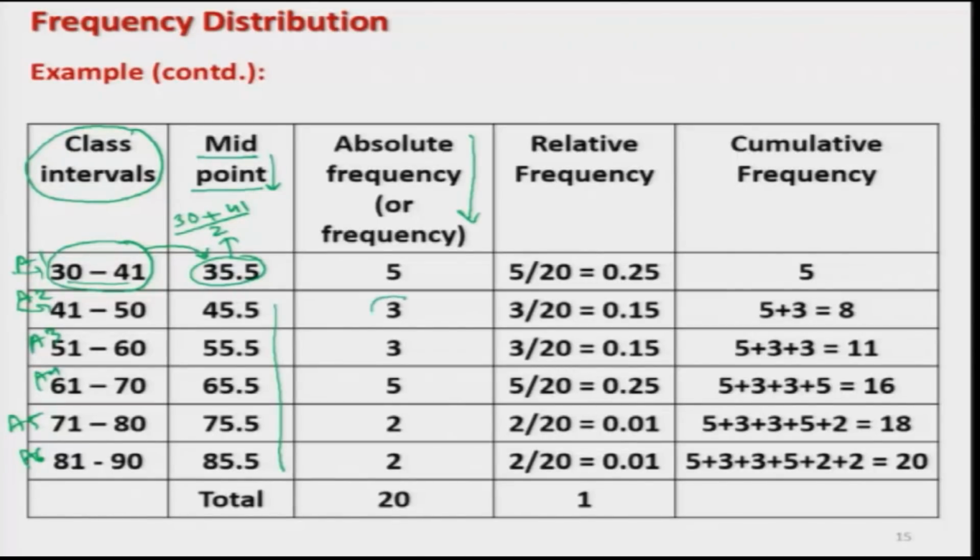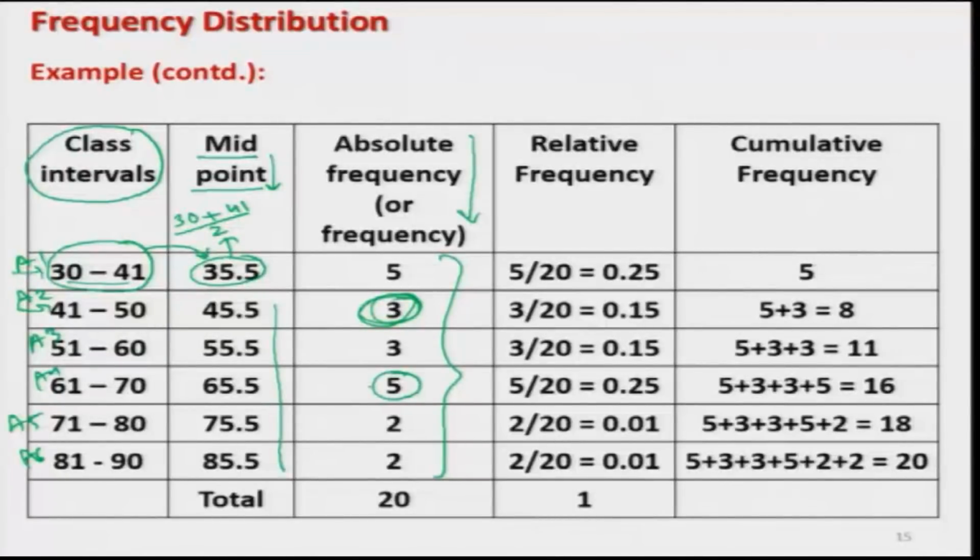So, you can see here this is represented here, where I am trying to make a circle. And similarly, I have counted the number of observations in that particular category, and I have done it manually, and I have written here. So, this 5 is indicating that there are 5 values in the interval 61 to 70 and so on.